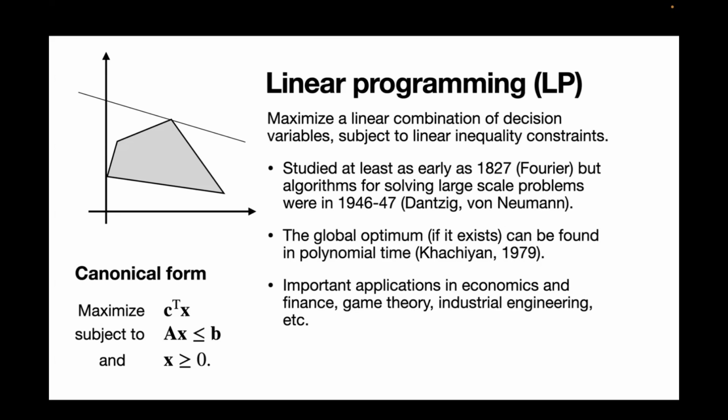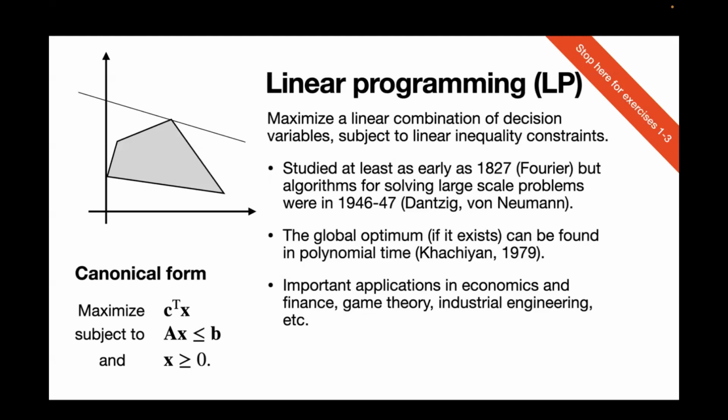So there are algorithms that can solve any linear programming problem, if a solution exists, in polynomial time. There are important applications in economics. We've used a linear program to balance a stock portfolio, applications in game theory, industrial engineering, so on and so forth. But this is not something that you have to shell out a lot of cash for because it has polynomial time algorithms. It's pretty straightforward.